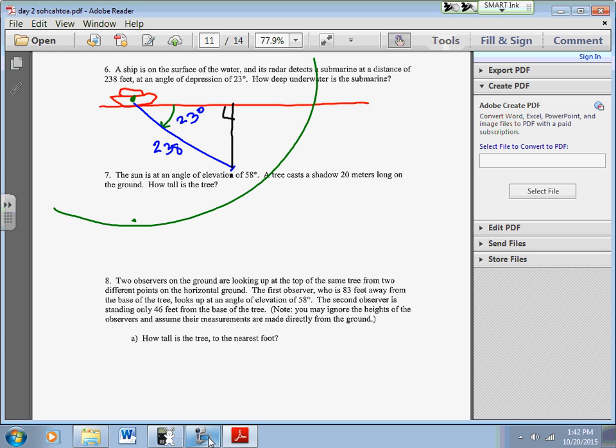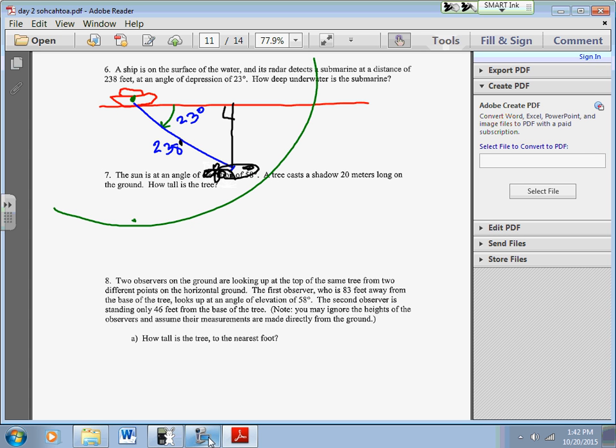So does everybody see that the submarine, let's say the submarine is the color, and the submarine's over here. And the radar detected it 238 feet away. Okay?